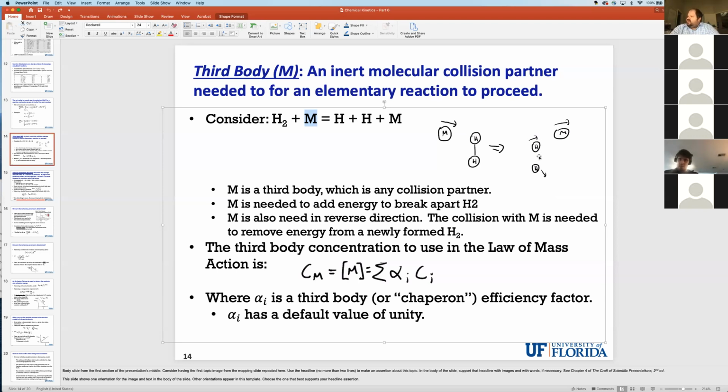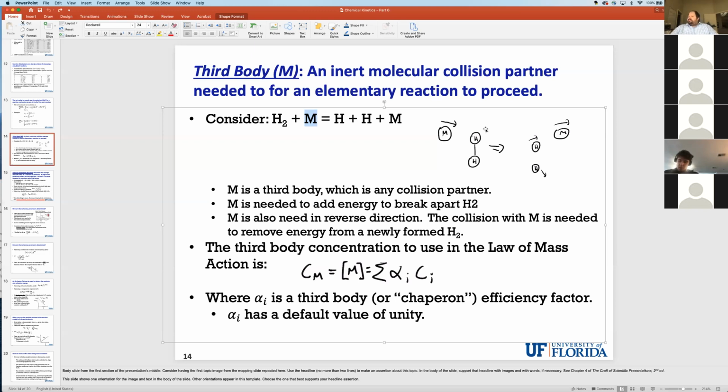And so there is essentially too much energy in these two H atoms. So what is needed then is a collision partner to basically scrub off some of that kinetic energy. And if you remove some of that kinetic energy, then the H2 molecule can be stabilized and it won't fly apart right away.